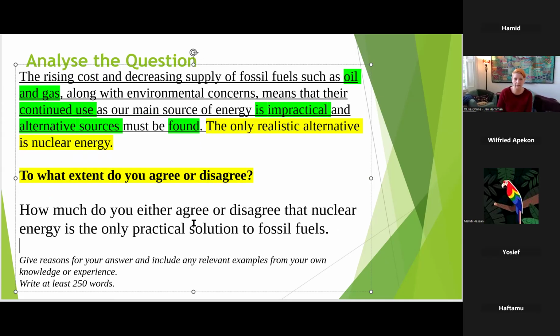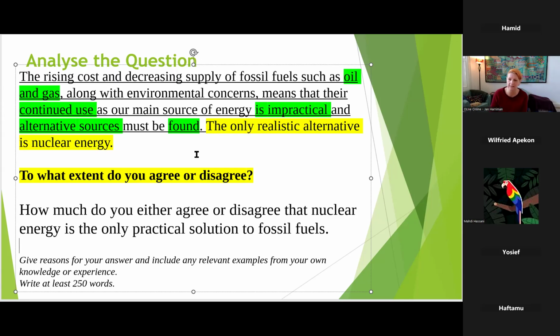All right, do you see how that came together? All right, so they've made a statement that an alternative to fossil fuels needs to be found. And they've made the very bold statement, well, they've given the background that we need to find alternatives. And then their statement is that only nuclear energy is realistic.